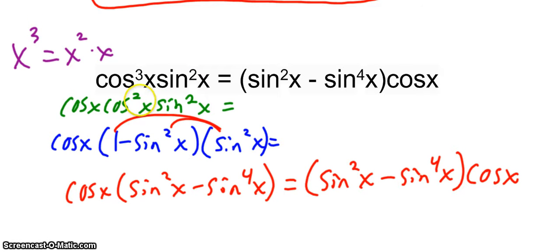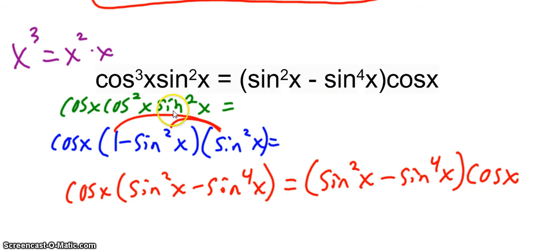Now, cosine squared of x is 1 minus sine squared of x. How would I know to do that? Well, I know I need to introduce subtraction because my answer has subtraction in it. And I know that I need to preserve the sine squared because my answer with the subtraction has sines in it.